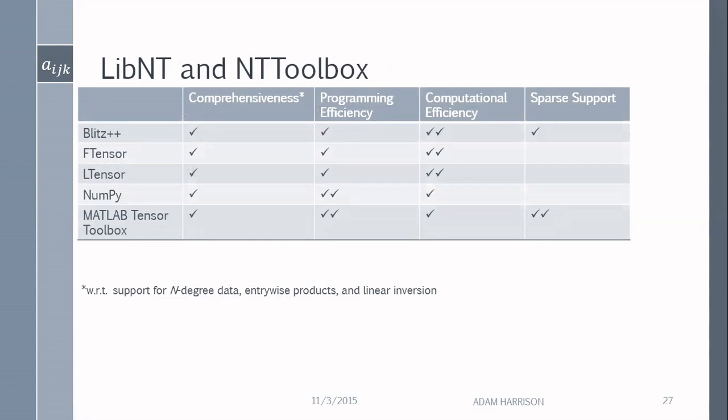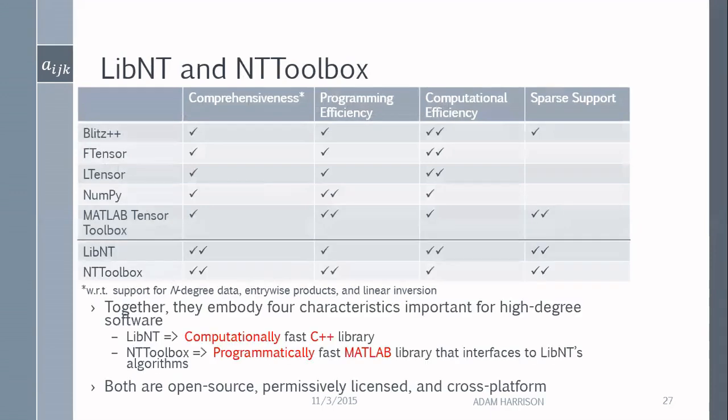The main packages of interest are highlighted in this table with respect to these different criteria. So comprehensiveness. Now, of course, we are interested in comprehensiveness with respect to the algebraic characteristics we identified, right? So certainly when we develop our own software, it's going to fit that better.